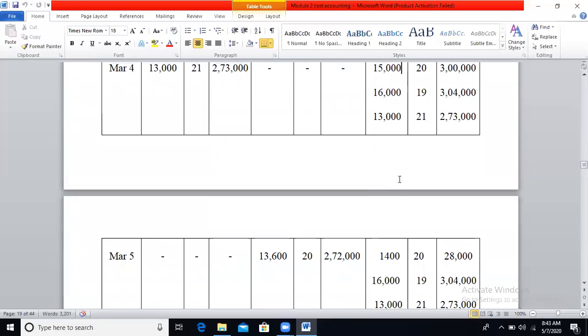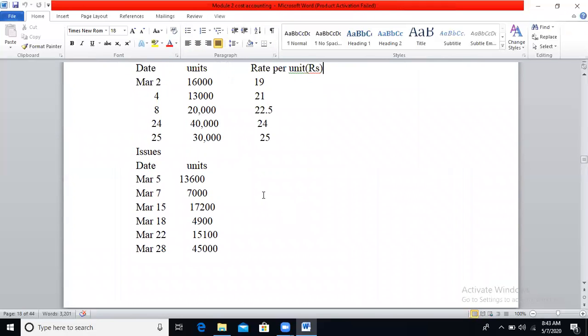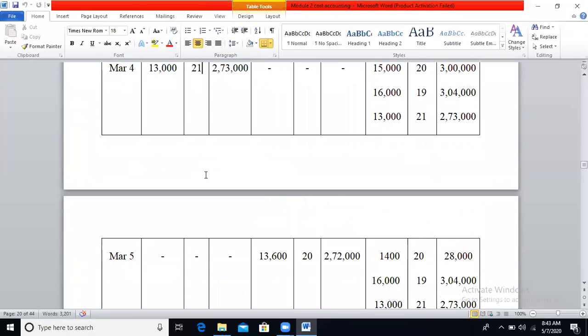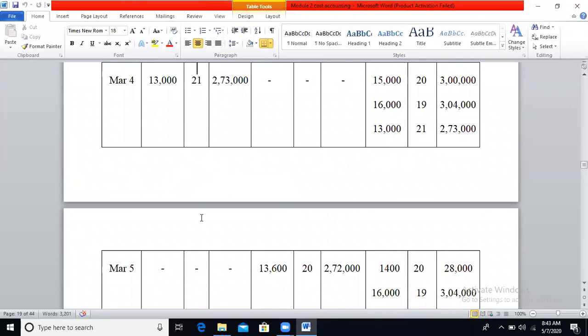And the next transaction is March 5th, we are issuing 13,600 units. Now, how will you issue 13,600 units at what price? See the first balance prevailing in the balance column. So we can issue all the 13,600 units from the first balance, that is out of 15,000. So if you issue 13,600, what is the price of the first balance? At that price you have to issue.